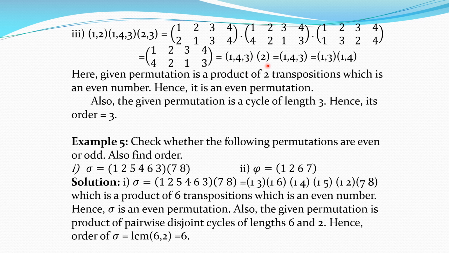Then it is (1 3)(1 4), which are transpositions. So there are two transpositions, so it is an even permutation. And as it is a cycle of length 3, its order is 3. Again in this case, in the same way, we have to check whether it is even or odd and also find its order.